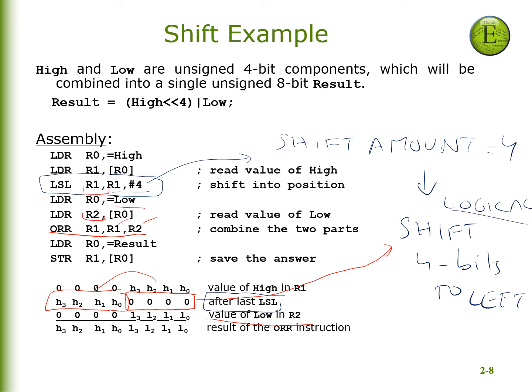So by taking the OR of these two, we have combined the contents of two registers such that the upper 4 bits are coming from register R1 over here, and the lower 4 bits are coming from the register R2 over here. And we have combined the two.